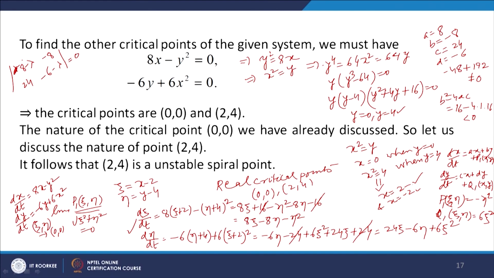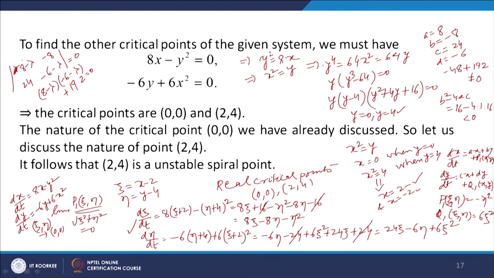So, we have to find the eigenvalues here. So, we will get 8 minus lambda into minus 6 minus lambda, and then plus 192 equal to 0. Okay.